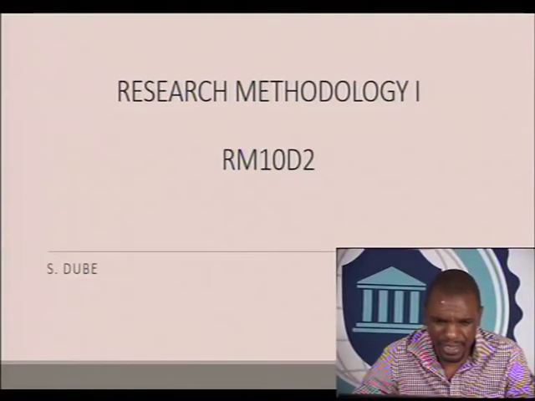So the introduction to research methodology is laying a very strong foundation on the concept of research in order for you to have the knowledge and the competencies that are going to help you to know how to go about conducting a research process.